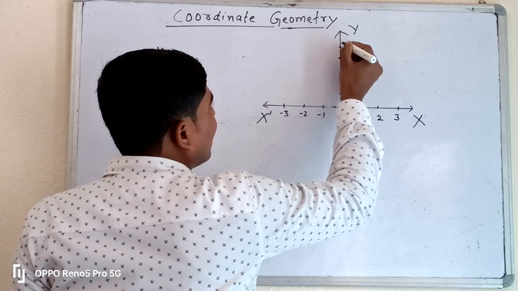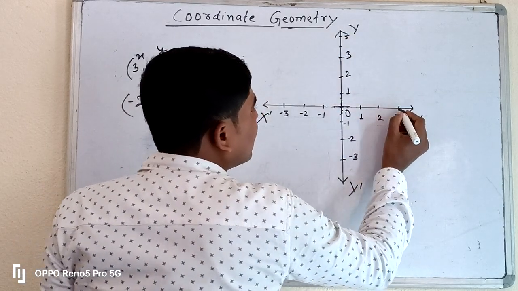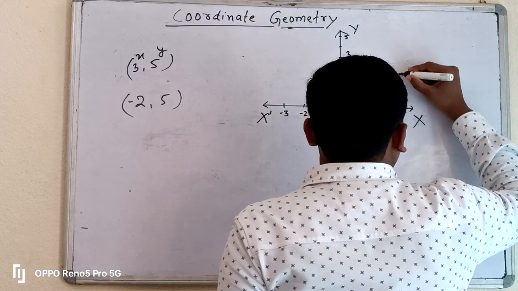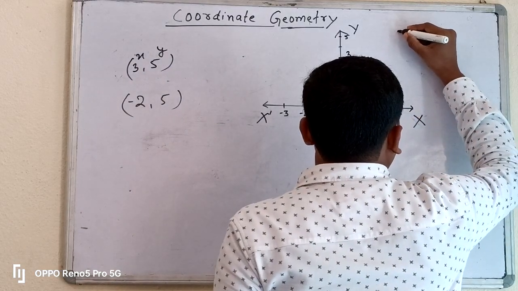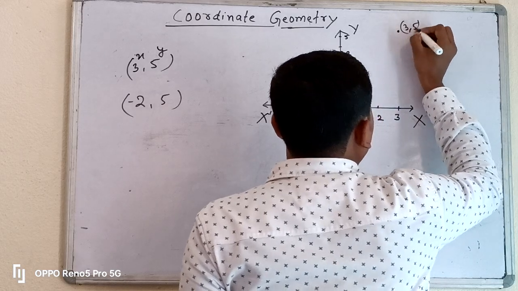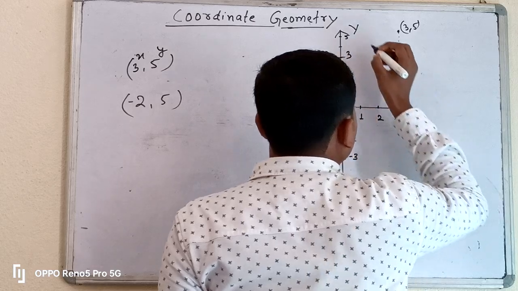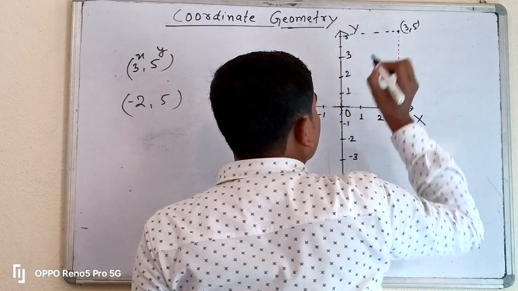Suppose 5 is here. Move further like that, and the position will be here: 3, 5.